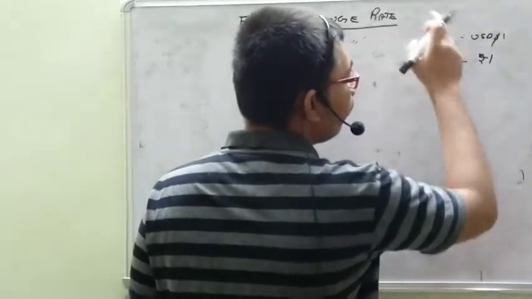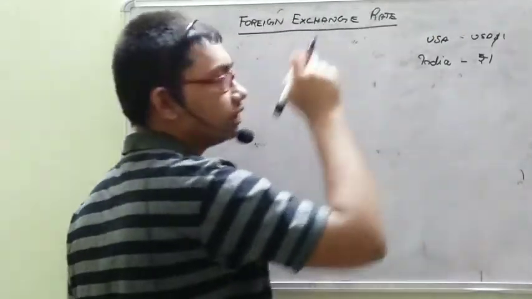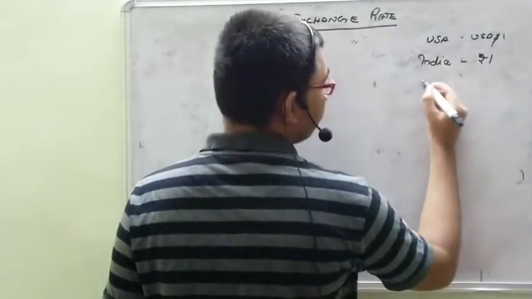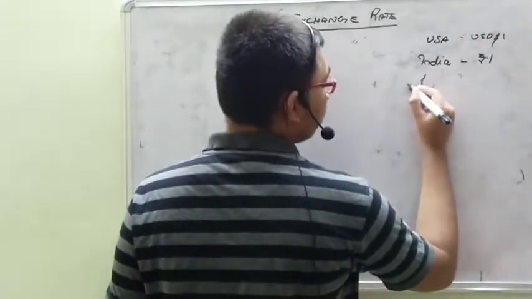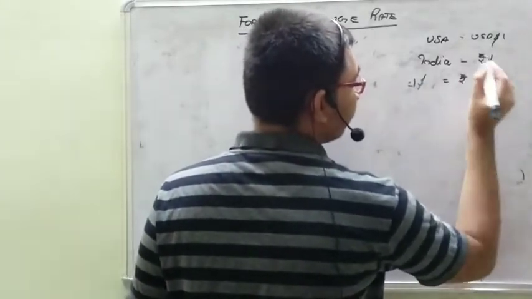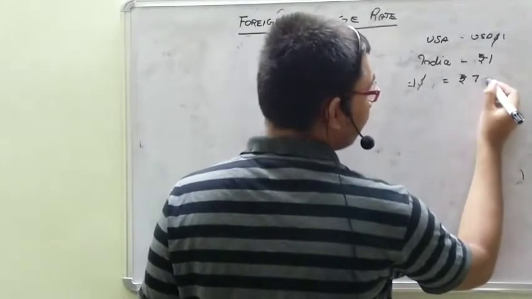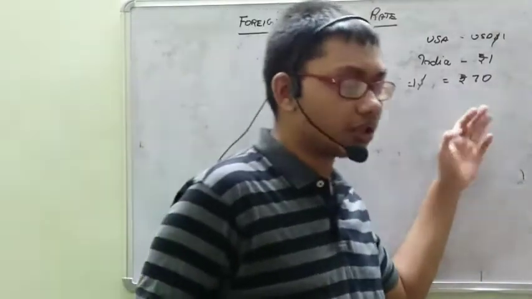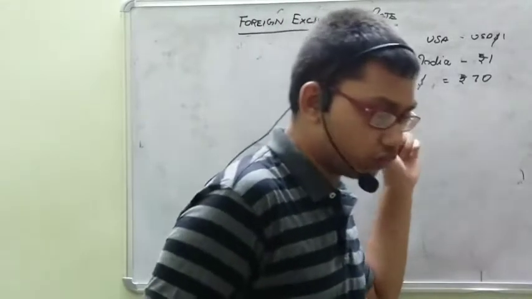So how can we settle this? There must be some rate that will determine that $1 is equal to something rupees. Let's take 70 rupees. If you pay 70 rupees, you will be able to get $1.